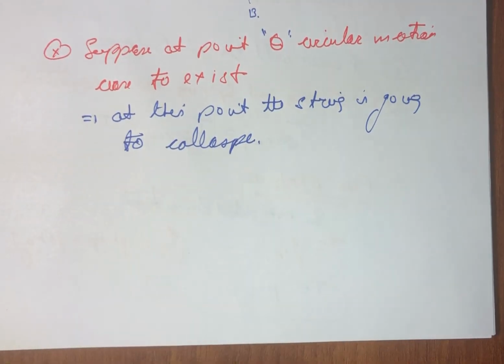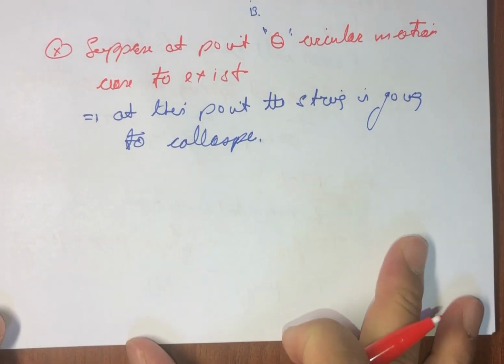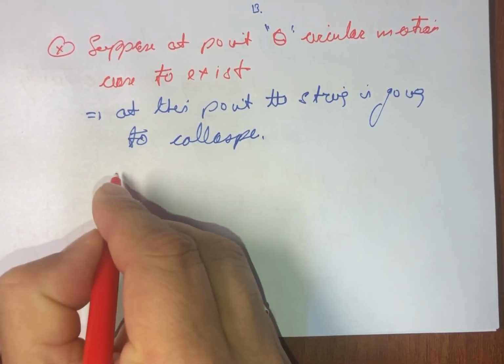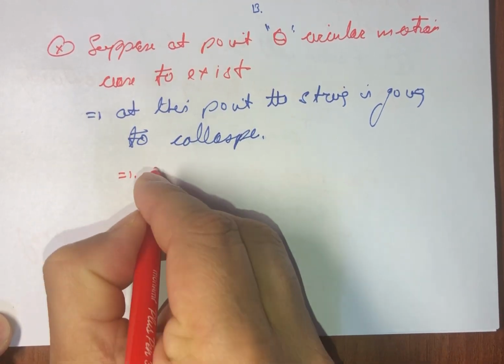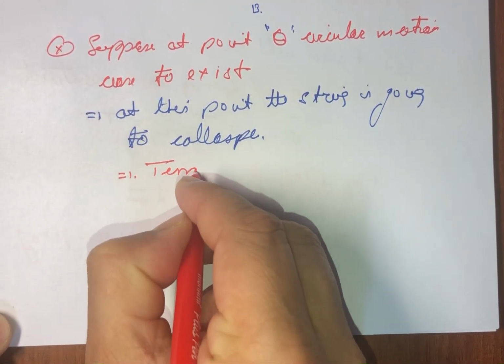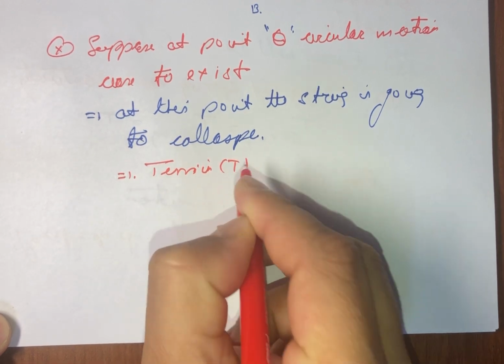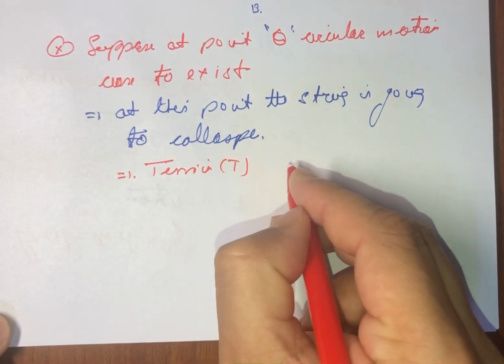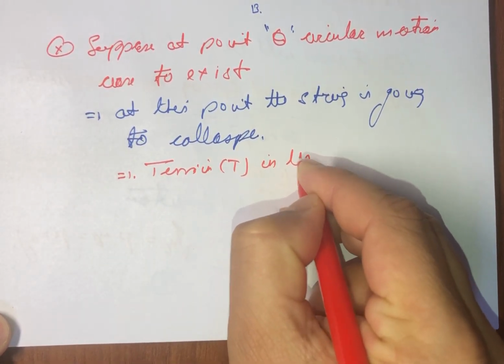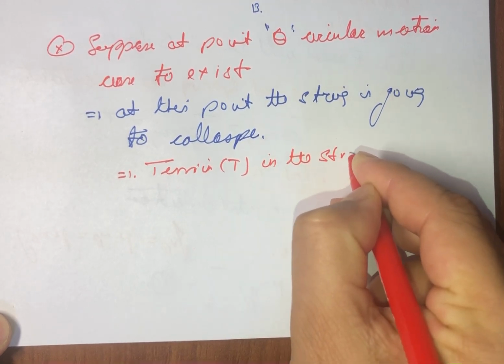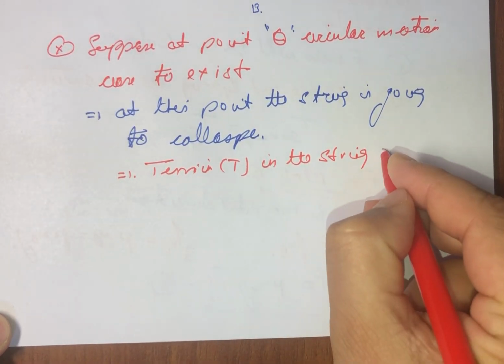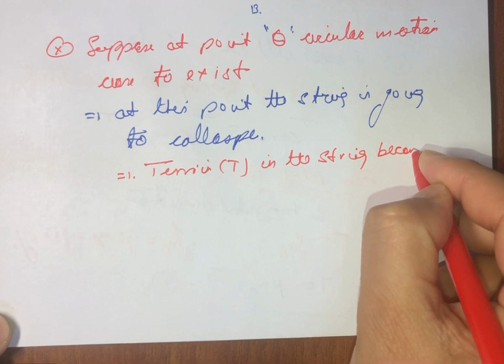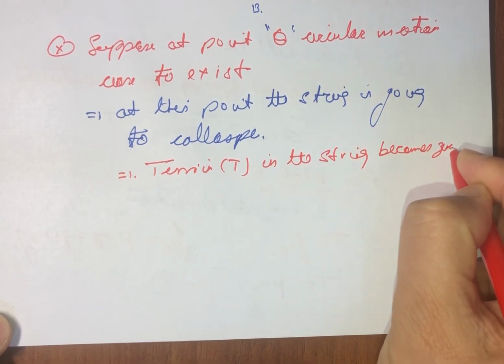That is, the tension T in the string becomes 0.